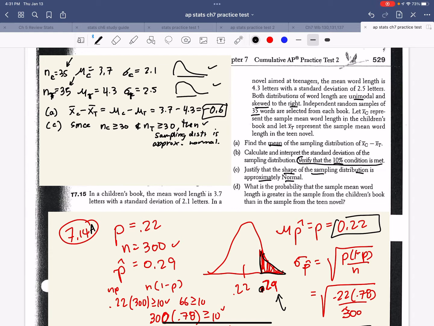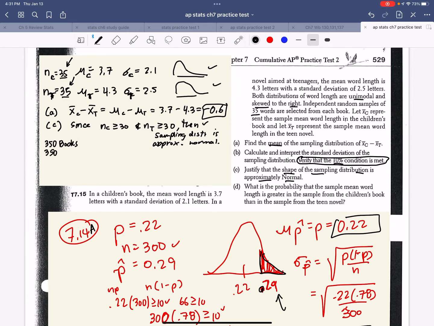All right, so for B, it says calculate, interpret the standard deviation, and verify the 10% condition is met. I haven't been working on this 10% condition with a means question, but worked on it with a proportion. There's also a 10% condition, and we say that it's safe to assume there's more than 350 books.